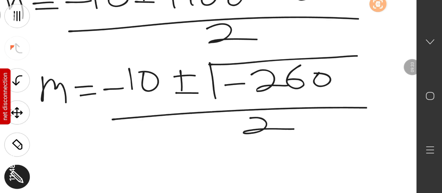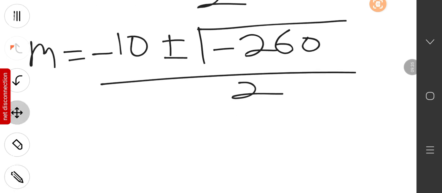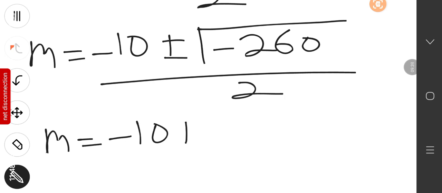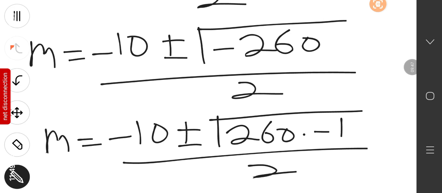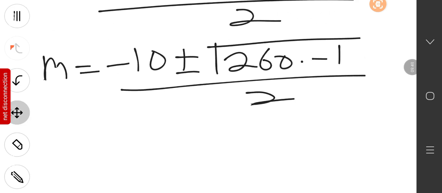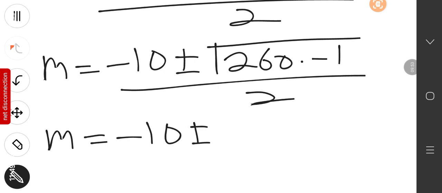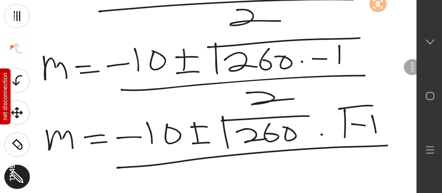All right, over 2. Okay, so you're going to have m equals minus 10 plus or minus the square root of 260 times minus 1 all over 2. Okay, so our equation becomes m equals minus 10 plus or minus the square root of 260 times the square root of minus 1 all over 2.